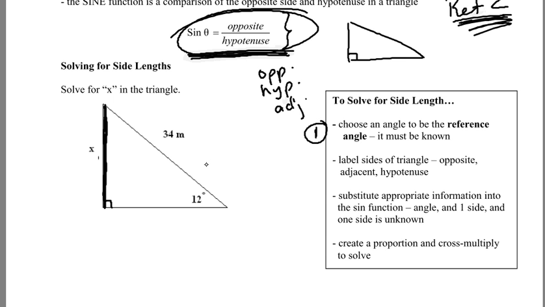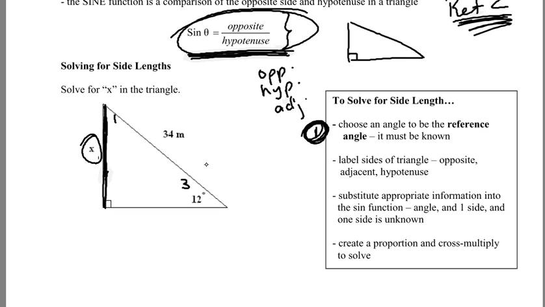Step number one, I've said it a couple times today and a whole bunch the other day, we need the reference angle. We have to choose one of the angles. We have angle 1, angle 2, and angle 3. Hopefully you're sitting there saying it can't be angle 2 because we never use the 90 degree as our reference angle, as we talked about last day.